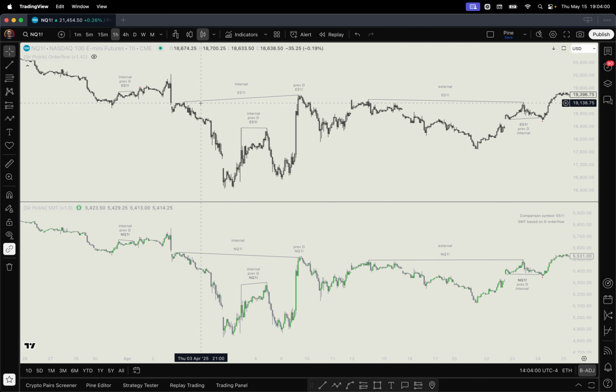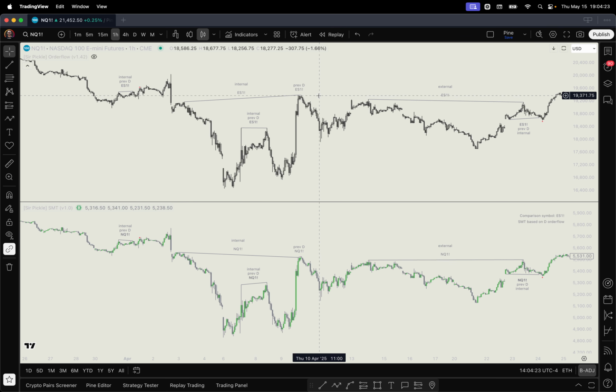And if one takes a higher time frame point of interest or mitigates or liquidates a higher time frame point of interest, then the indicator is checking if the other symbol did not mitigate this same higher time frame point of interest. And if so, then SMT or divergence is found and drawn on the chart.